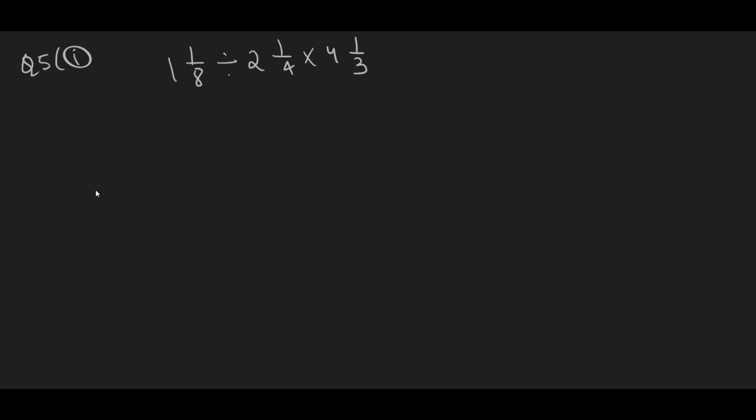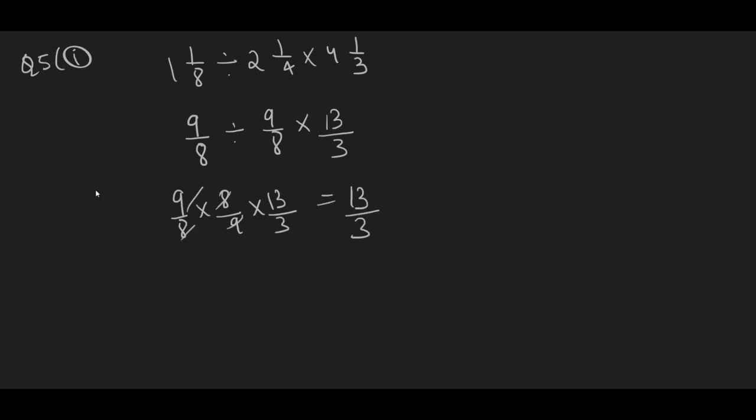So 8 1s are 8 plus 1, 9 upon 8, divided by 4 2s are 8, 9 upon 8, 4 3s are 12 plus 1, 13 upon 3. So 9 upon 8 into 8 upon 9 into 13 upon 3. So this will be 13 upon 3 into mixed fraction, children. 4 1 by 3 will be your answer.